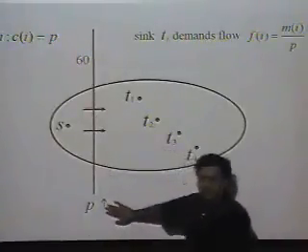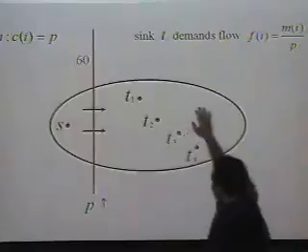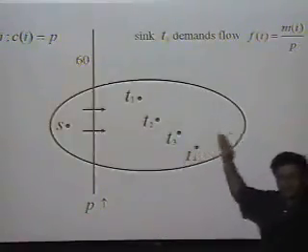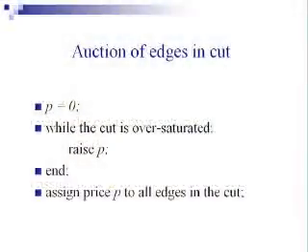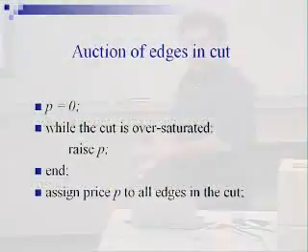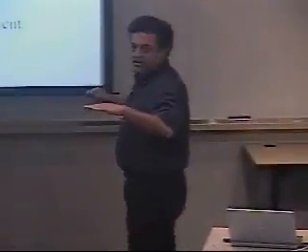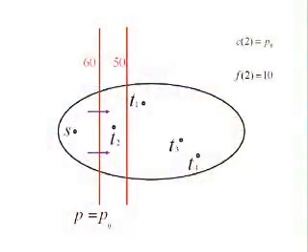Now we start raising this P, and so the demand of all these sinks keeps dropping, and we'll do it like an auction. So we start with price P, and while this cut is oversaturated, we'll keep raising the price. And when this cut is exactly saturated, at that point, we will sell off the edges.